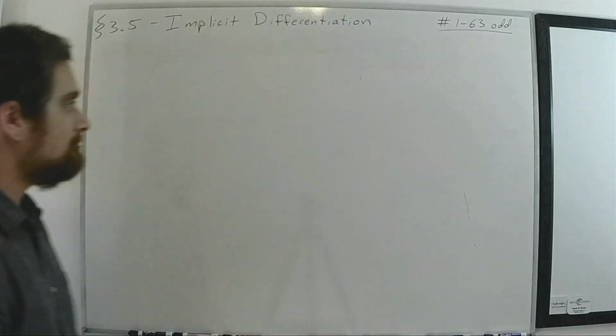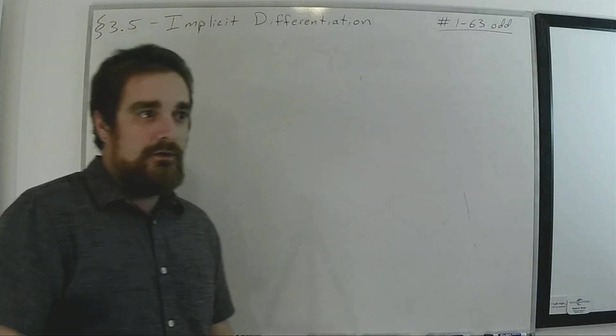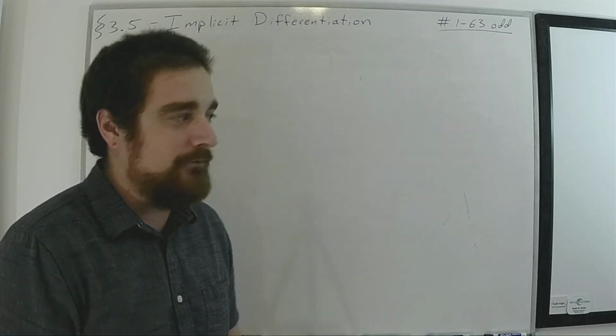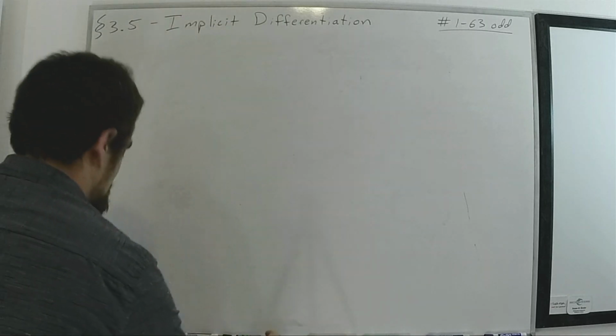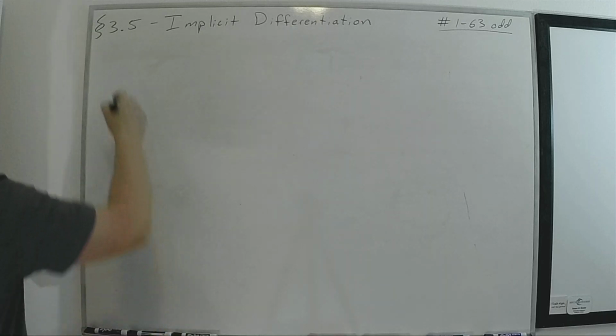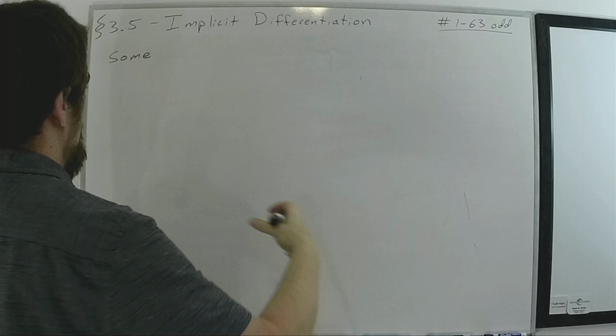study. So some functions that we deal with, when I say some, I mean basically all the functions we've encountered up till now, except a few here or there, have been very explicit. What I mean by that is they've been giving us these functions explicitly in terms of x.